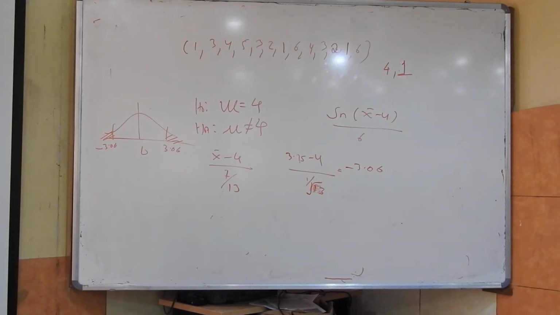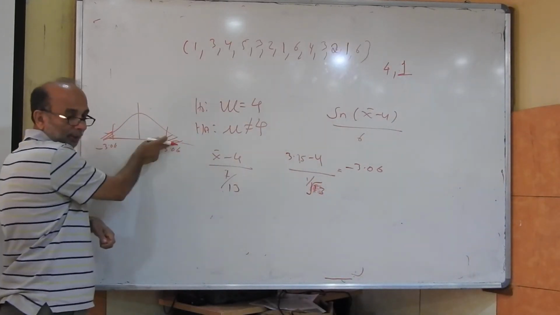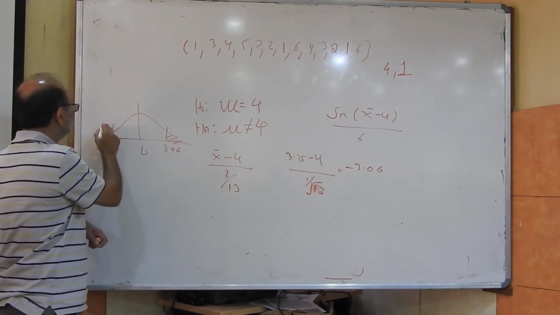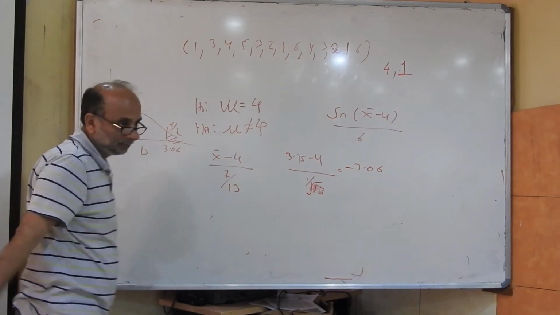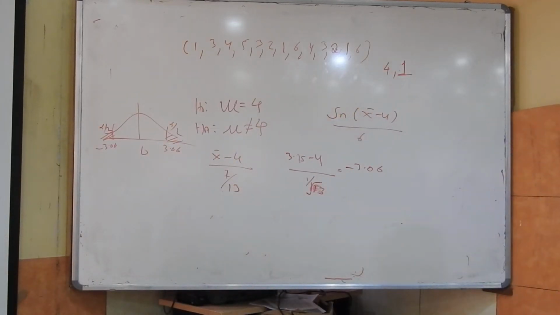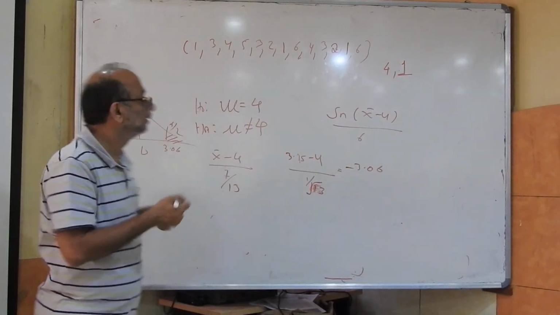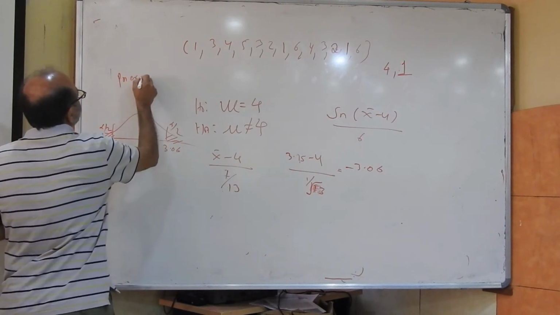We'll take some value, and pnorm minus 3.06, and plus 3.06 for the area. Because this is a symmetric distribution, so double. This is alpha by 2, this is alpha by 2. So what's that value? 0.001106. The command is pnorm bracket minus 3.06.